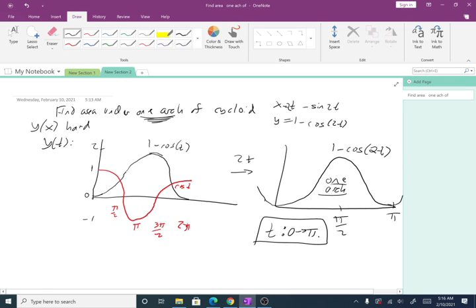Now, let's see if we can apply Green's theorem. We need to know if it's plus-oriented or negative-oriented. If we have a plus orientation, we're okay.